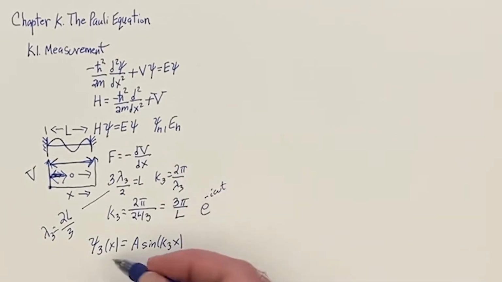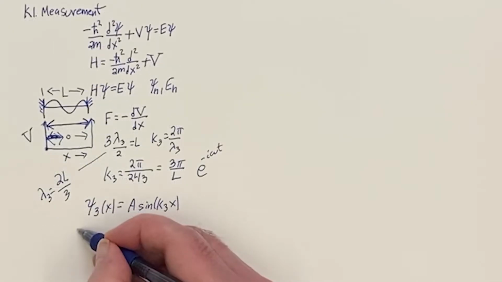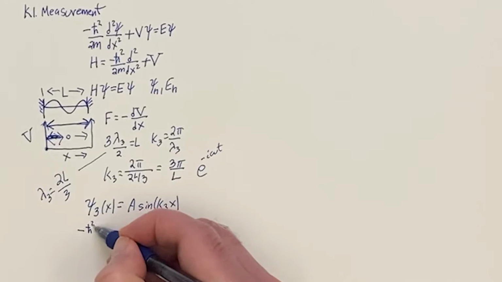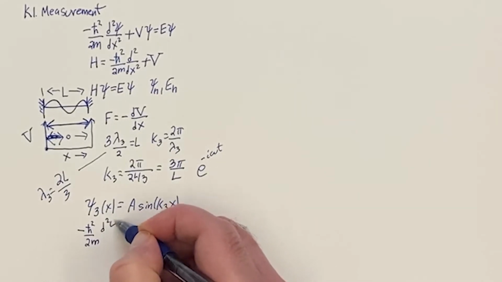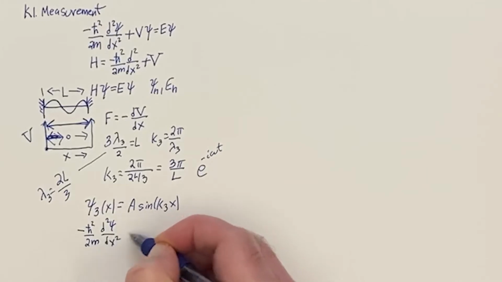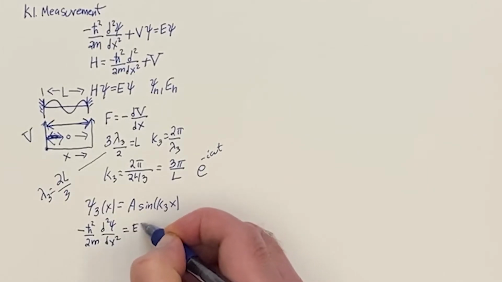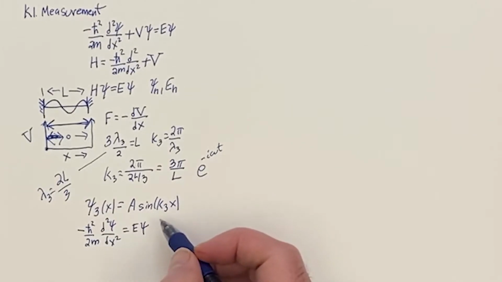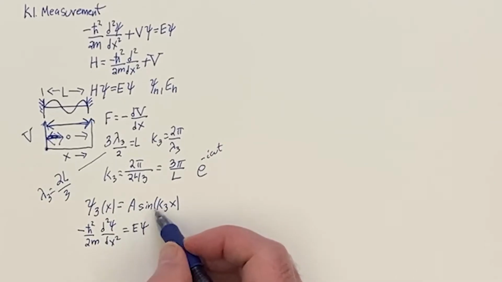Then if you take the derivative of this thing, you're going to get C times minus h bar squared over 2m. The derivative here is going to be equal to E times the function. So you get the same thing back.